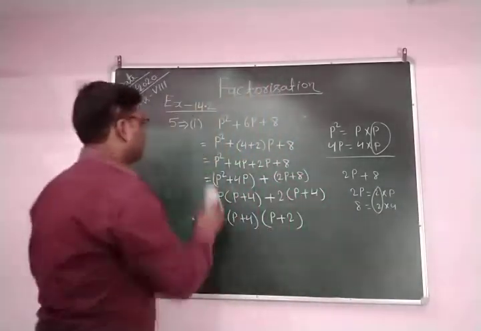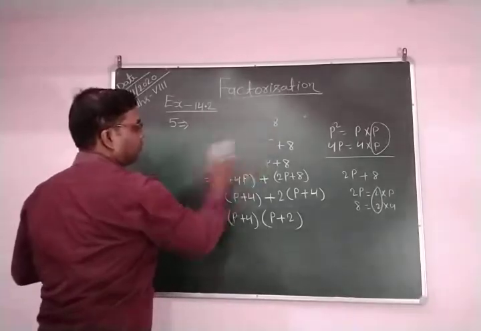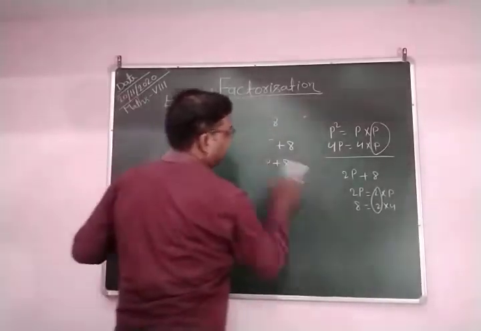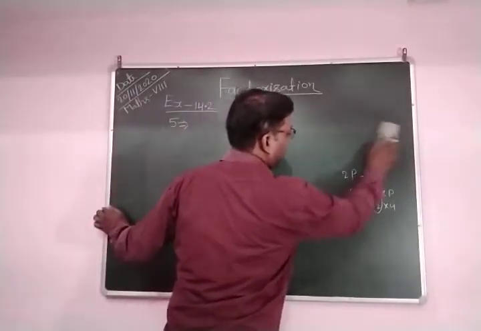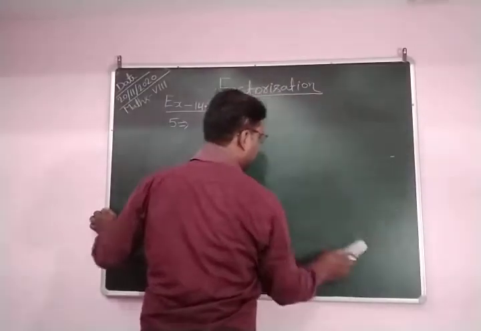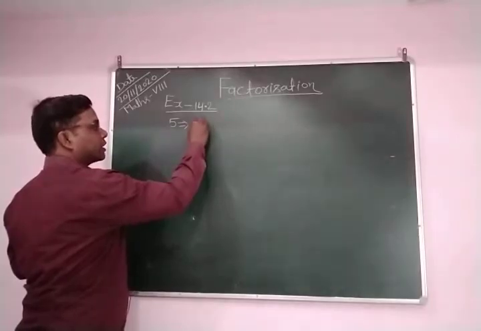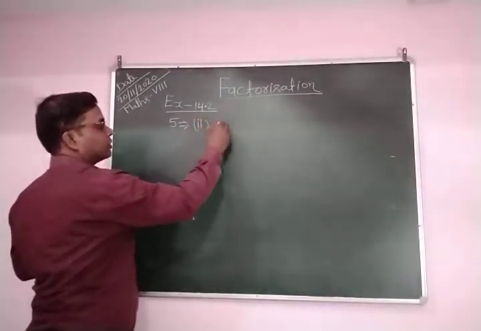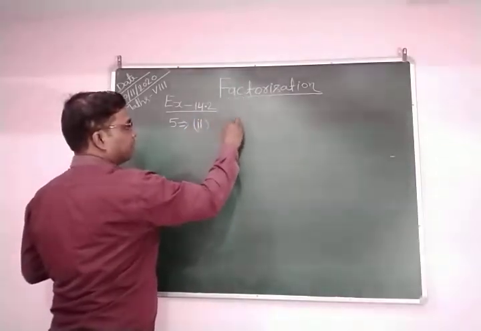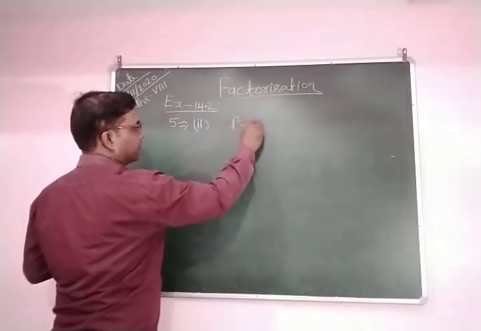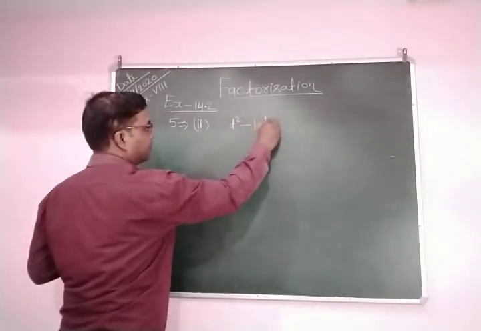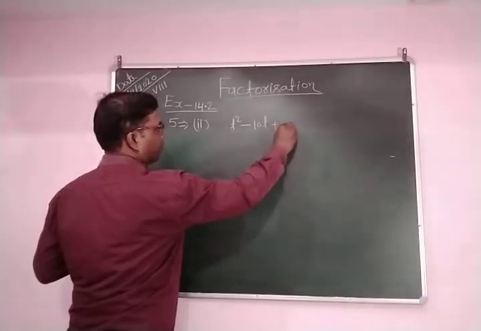Let's see what the second part of question number 5 is: t square minus 10t plus 21. This is given.